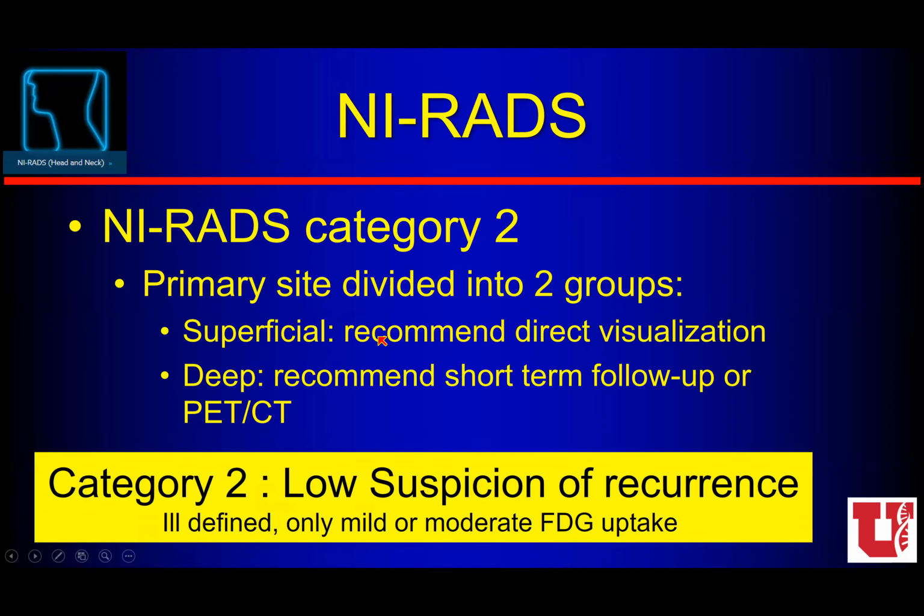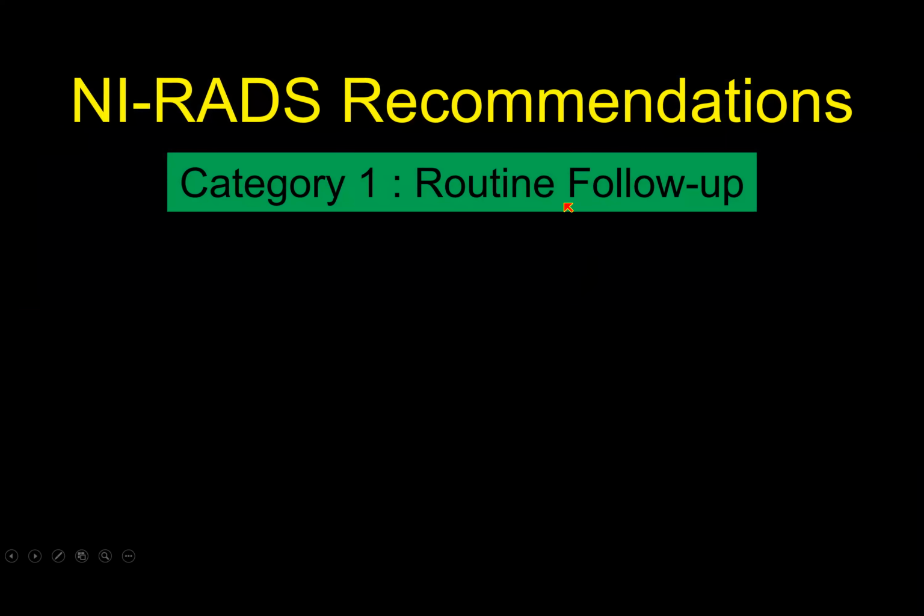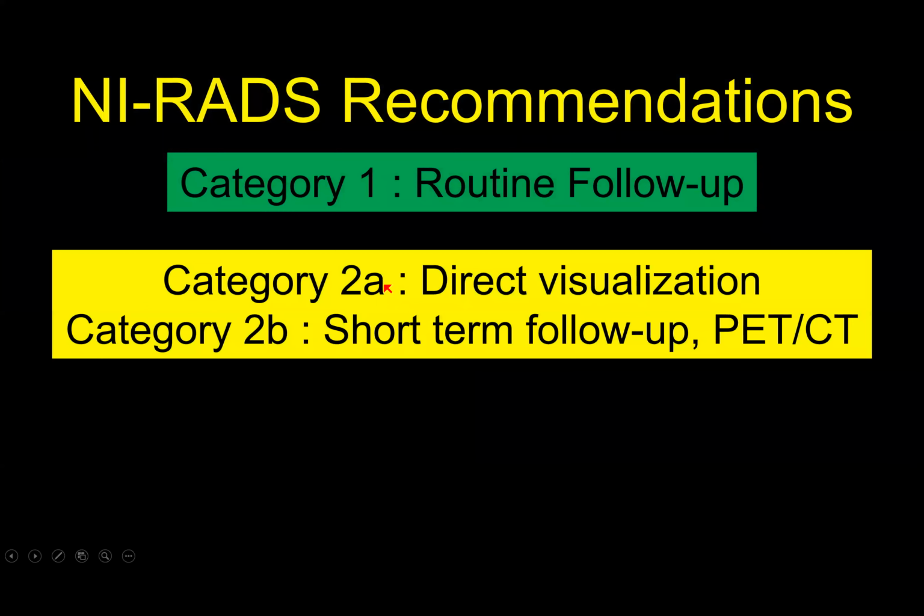So level 2 was divided into superficial and deep. And we have recommendations for all of these. So for category 1, those guys are just going to get routine follow-up. For category 2, again, there's a division, 2A and 2B. 2A is that superficial. If I see something superficial, I just tell my surgeon, somebody needs to go look at this. Now, if something's deep, I don't think it's along the mucosal surface, that's a 2B.